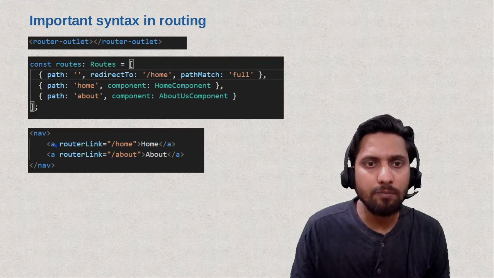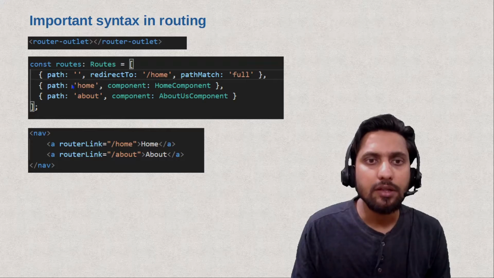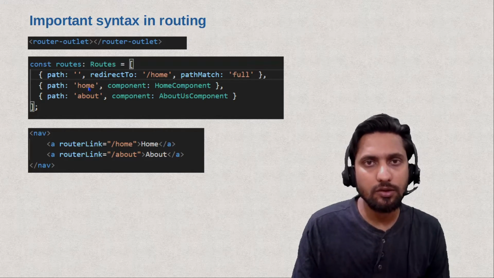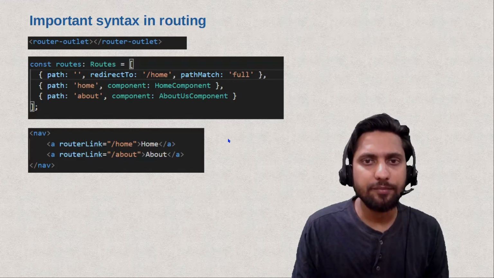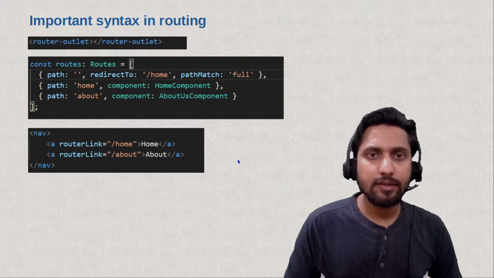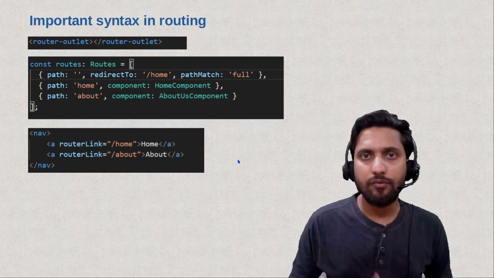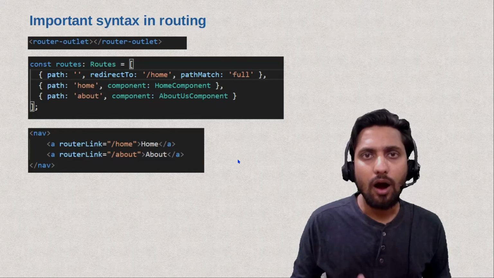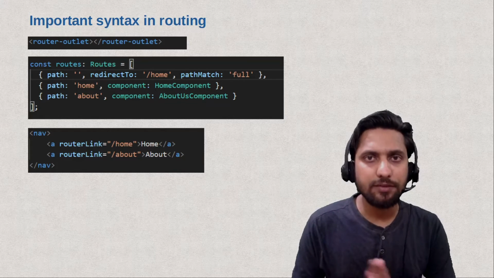On clicking the home anchor tag or home button, the user will navigate to the /home URL, and we already know that if we write the /home path in our URL, then Angular will load the home component. So guys, now let's jump to the practical example where I will show you how we can implement these things on my machine.